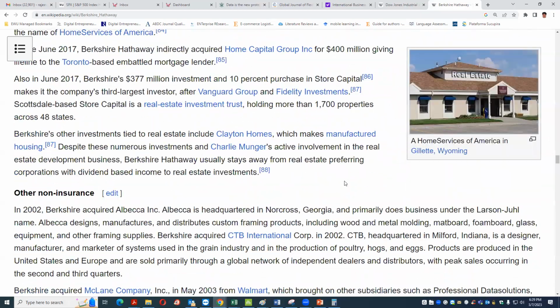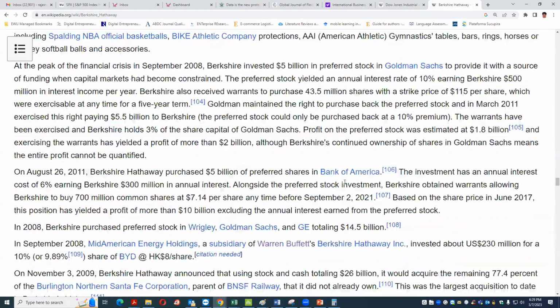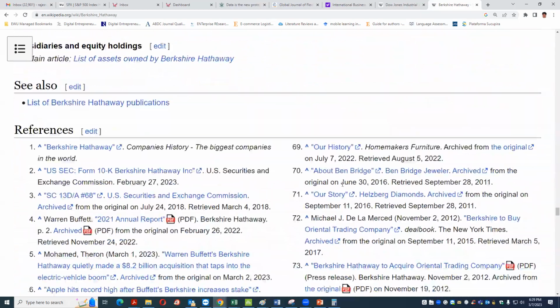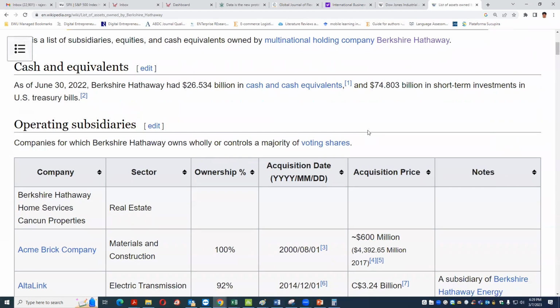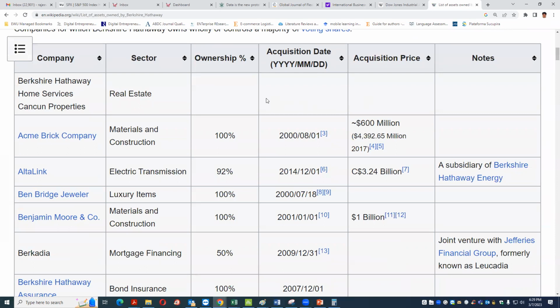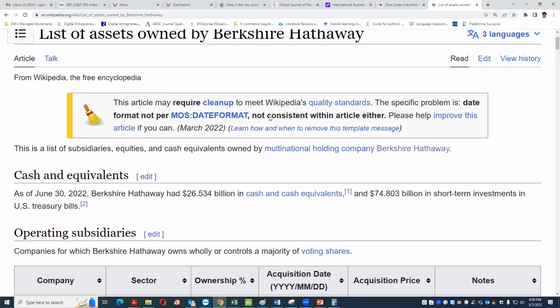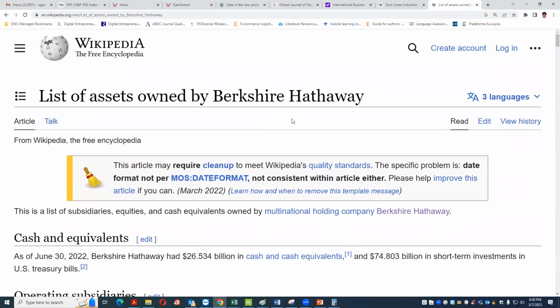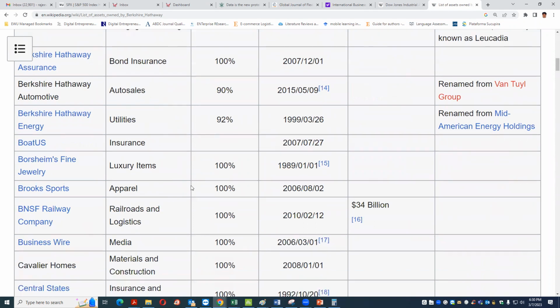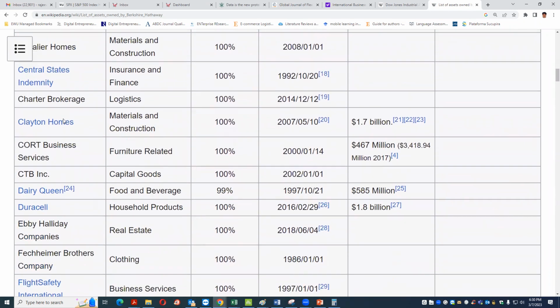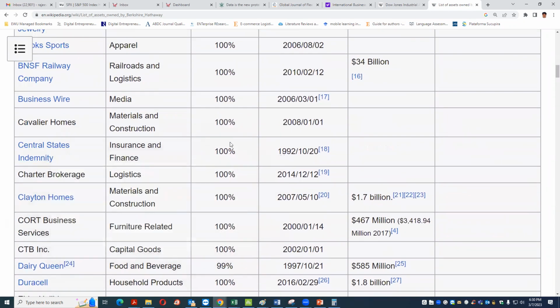So if you look into this, these are the assets owned by Berkshire Hathaway, and you can see what percent of Goldman Sachs.